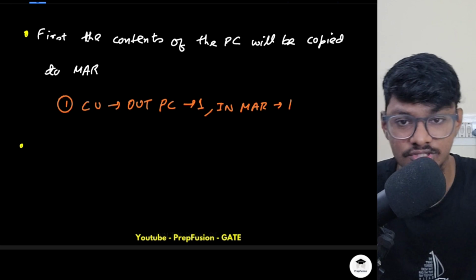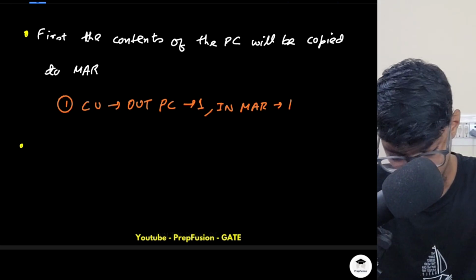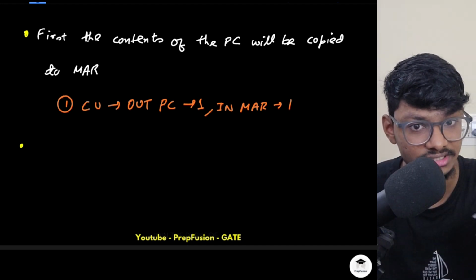Now the address has been stored in the memory address register. Then I will go to that location that is pointed to by the memory address register and copy that into my instruction register.